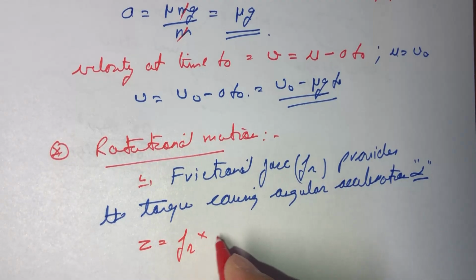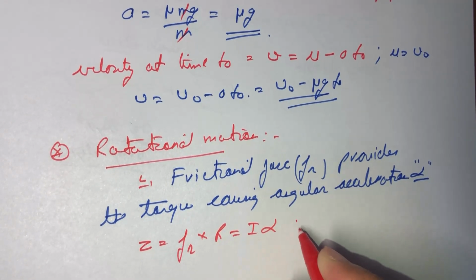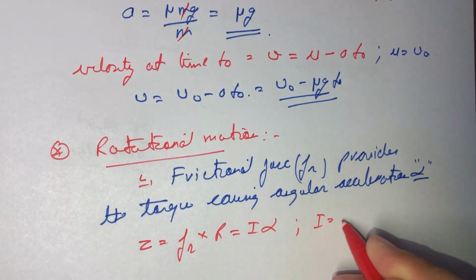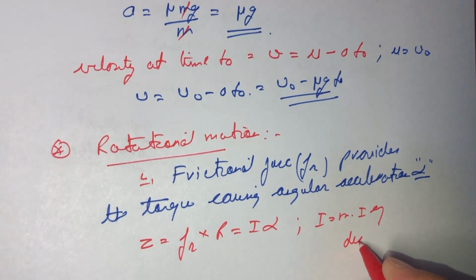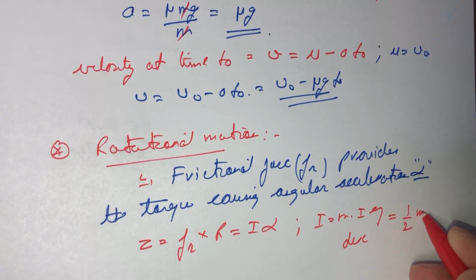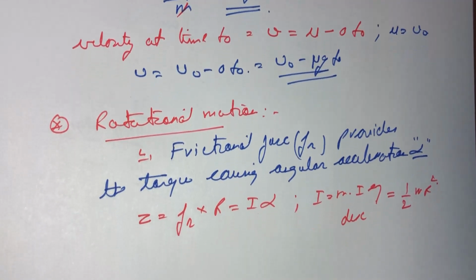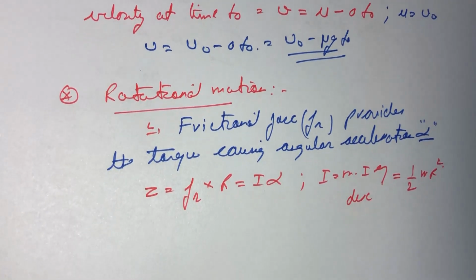multiply perpendicular distance r, which will be equal to I multiplied by alpha, where I is moment of inertia of disk, which will be equal to half m r square, and Fr we already know is our frictional force.